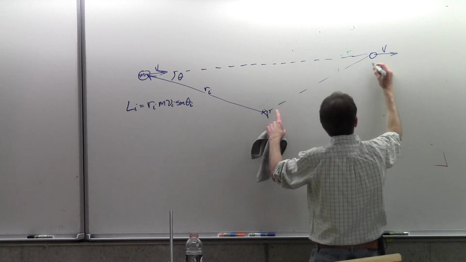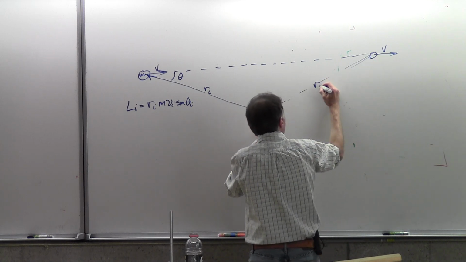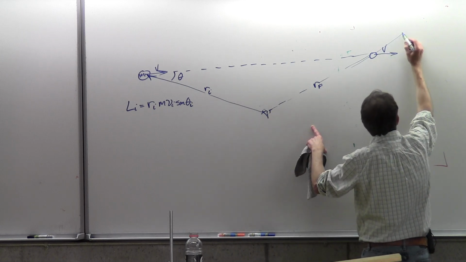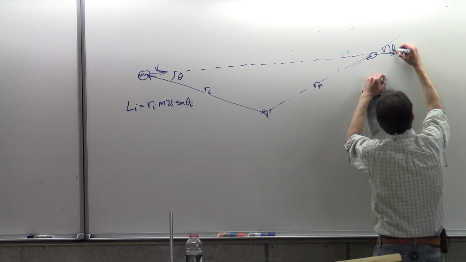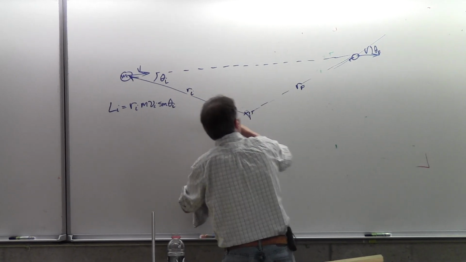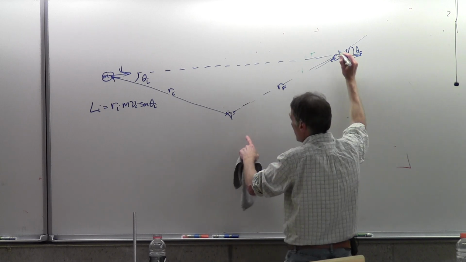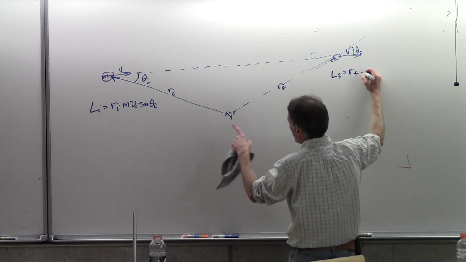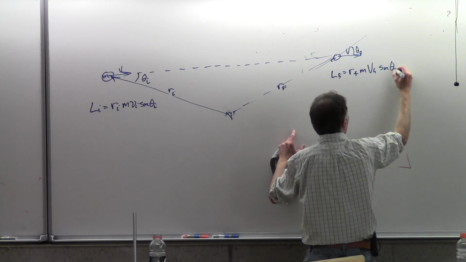It should stay with the same V, but the R, let's say this is R final, is going to be this. We put R and V tail to tail, and I get an angle. This is theta final, this is theta initial, and this should be L final. That should be just R final times M times V final times the sine of theta final.